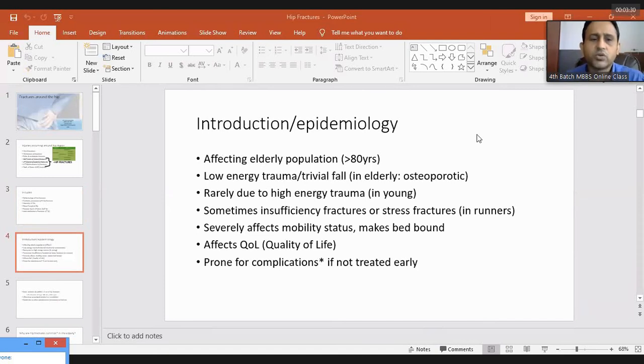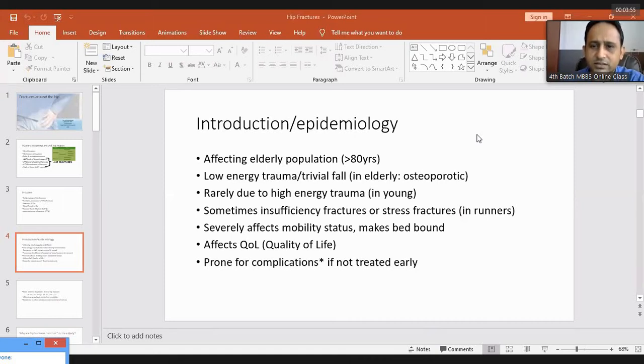Basically, hip fractures in total are more common in the elderly population rather than young people, because in old people the quality of the bone is quite osteoporotic, and they are living with many debilities like poor eyesight, blindness, impaired hearing, or sometimes Parkinson's disease.